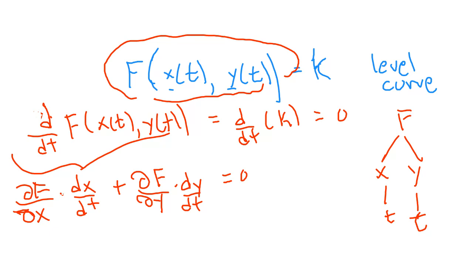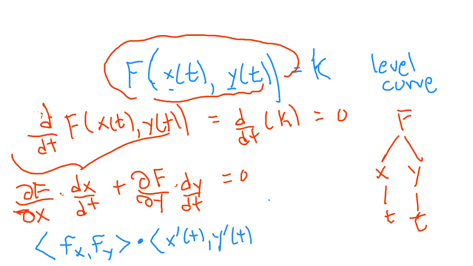Okay? These aren't dot products. These are just times here. But we can write this as a dot product. We could write this as the dot product of the gradient vector with the vector whose components are the derivatives of the components x and y.